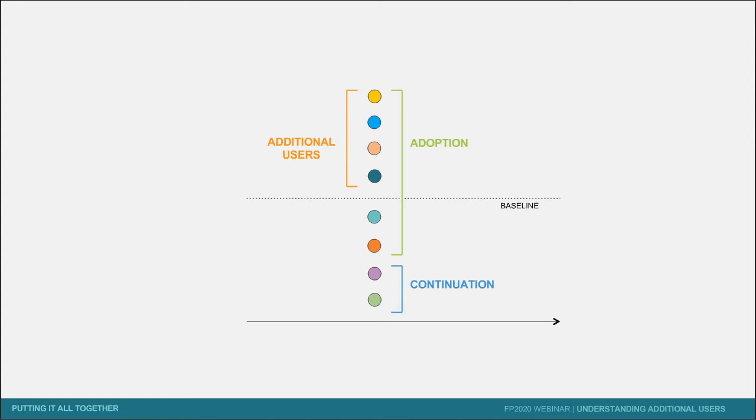Therefore, counting adopters, or episodes of adoption, and additional users are not the same thing. If we only look at an adoption, an individual level metric, we don't account for the full dynamics of use at the aggregate level. It's important to note that we're not saying that one of these measures, either individual or aggregate, is better.